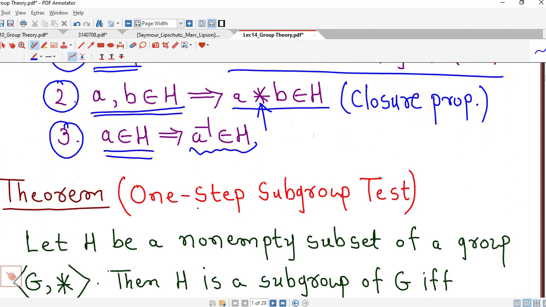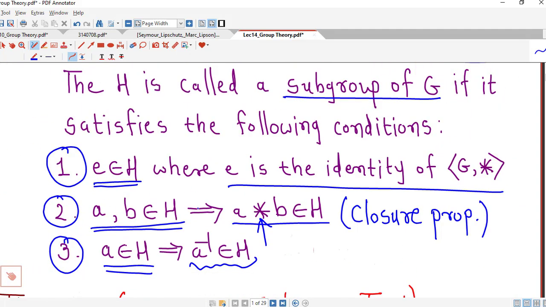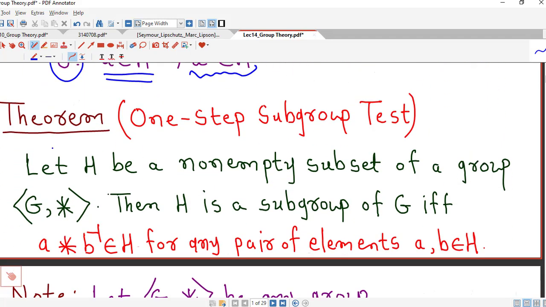And now if we don't want to go using the definition, then we have the simple subgroup test also. This theorem provides another test to check whether a subset of a group G is a subgroup or not. So let us understand what this theorem says.